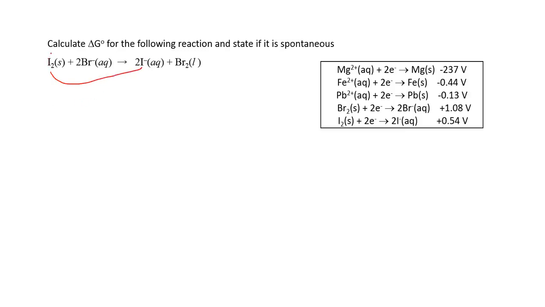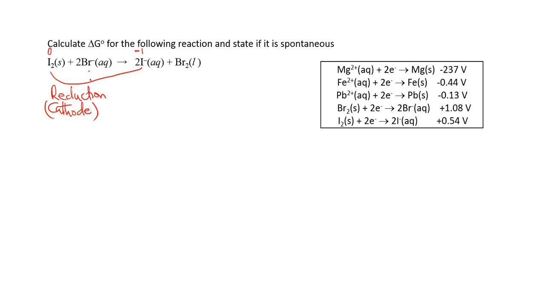So this one has iodine 0, this one has iodine -1. So this is reduction because you are adding electrons. So this is reduction, and we know reduction takes place at the cathode.